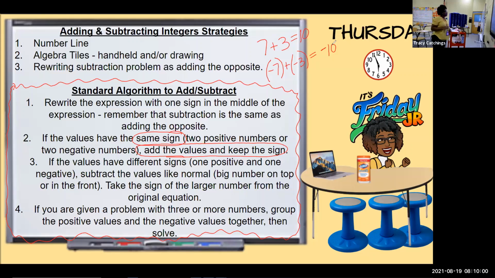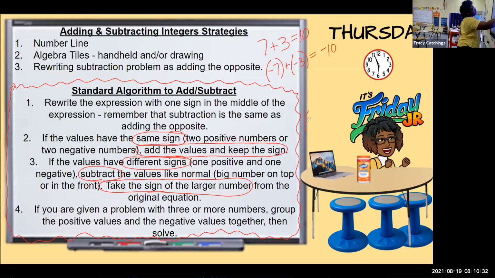The third thing told us if the values have different signs, as in one being positive and one being negative, we're going to subtract the values like normal, meaning the biggest number on top, and we're going to subtract. But we're going to take the sign of the larger number. So if we have two different signs, positive or negative, we're going to subtract the values and take the sign of the larger number.